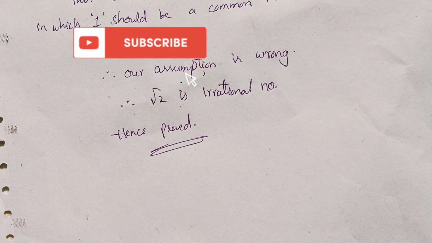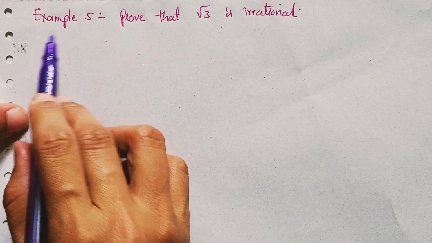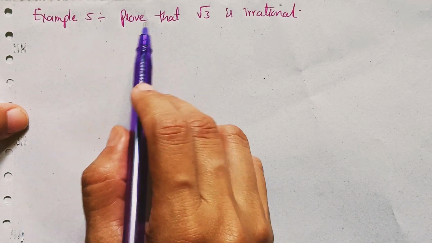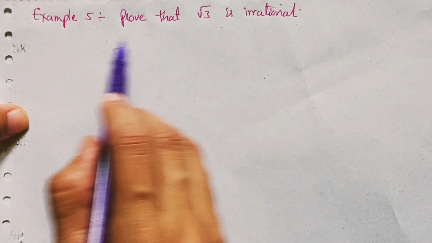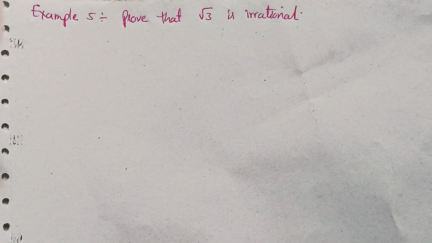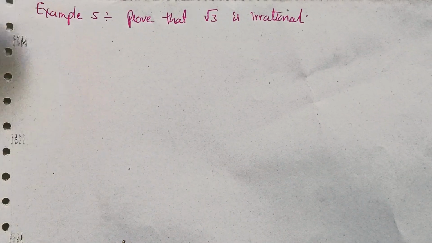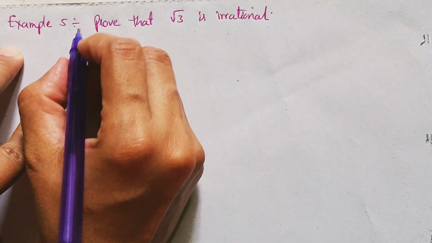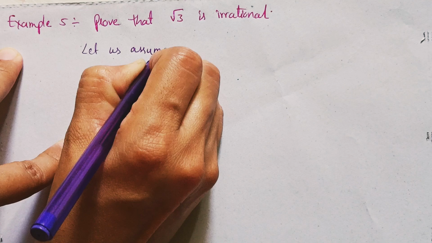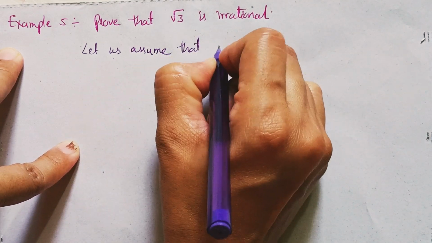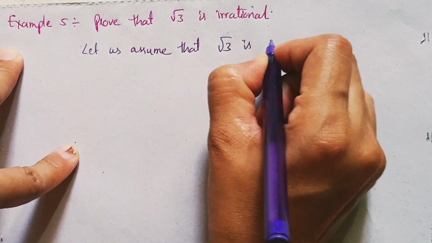Now we'll see the next example. Example 5 is: prove that root 3 is an irrational number. So this is also the same as the above problem, root 2 is irrational. Okay, let's do this one also. Let us assume that root 3 is rational.